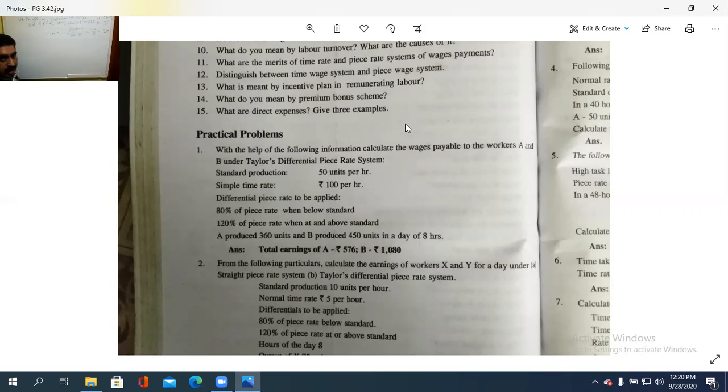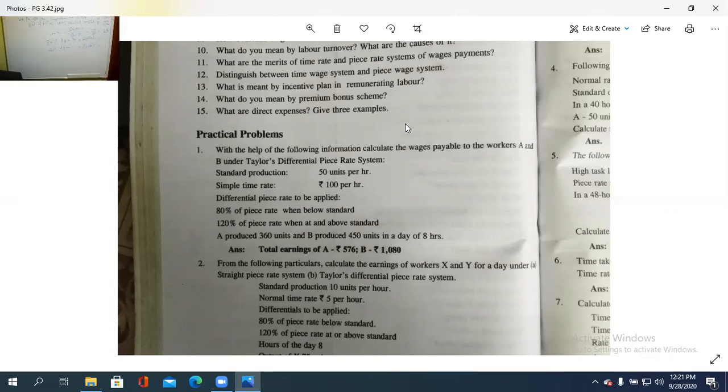Then what is the next procedure? 80% of the piece rate when it is below standard. So 80% of piece rate, that is 2 into 80%. Then 120% of piece rate, that is 2 into 120%.